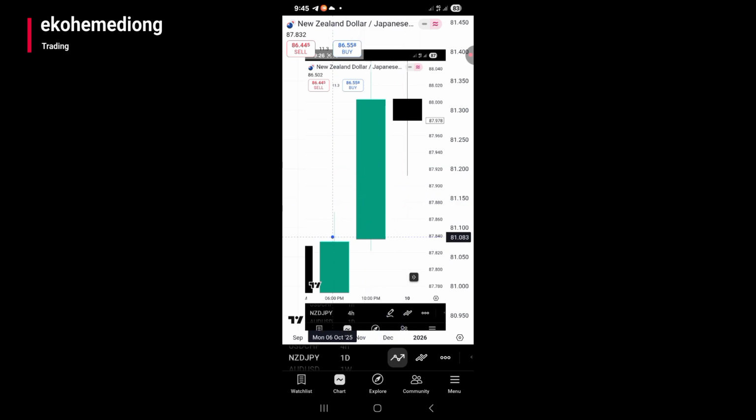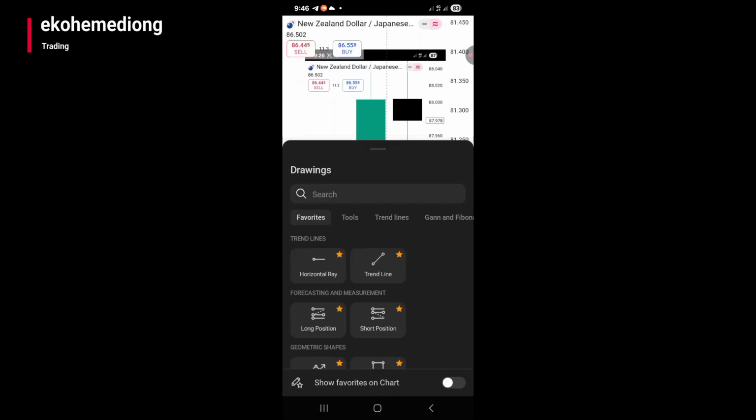So in the fair value gap, you have to have the first candle, the second candle as an expansion, and then a third candle. The third candle must not close the initial candle's high or low, whether it is bullish or bearish.